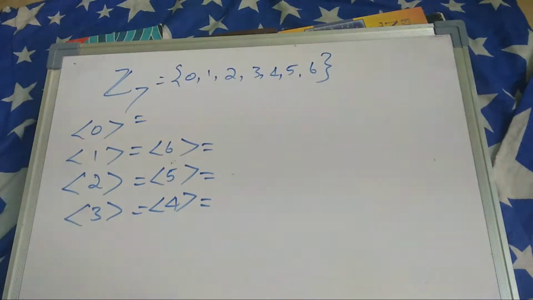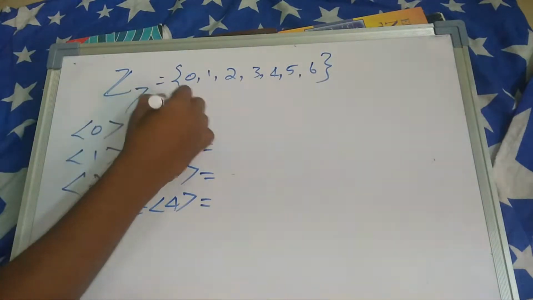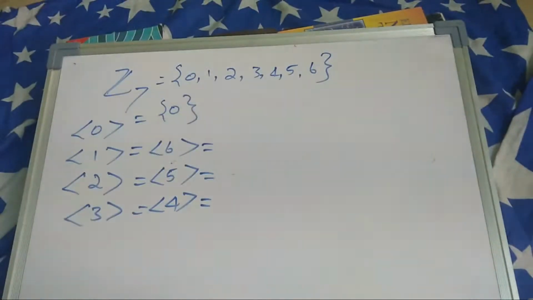What will be the subgroup generated by 0, the subgroup generated by 1, by 2, 3, etc.? The subgroup generated by 0 will be 0.